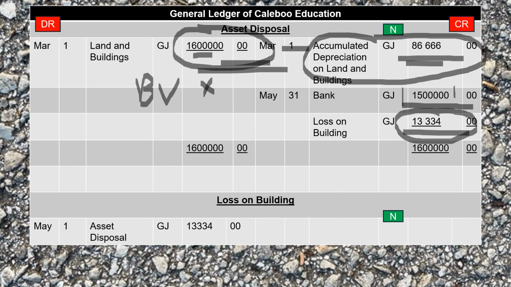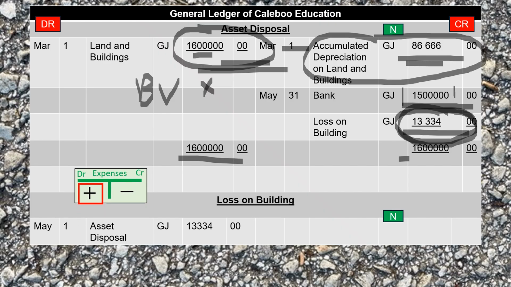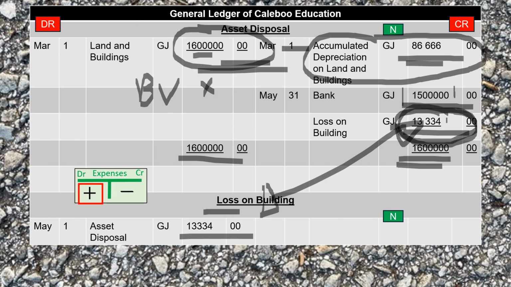To make the two sides equal, we credit asset disposal, then this account is closed off with 13,334, and we debit loss on the building of 13,334. So I thought I would show you the asset disposal account.